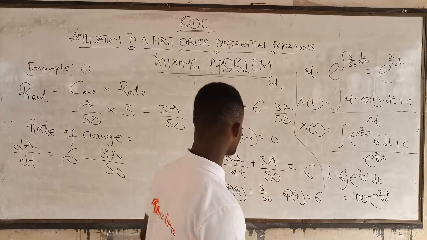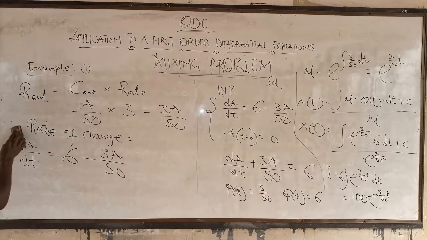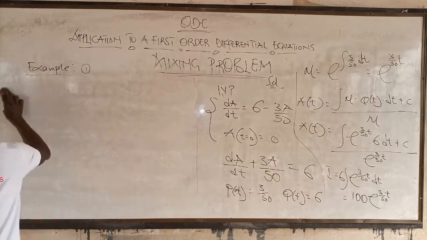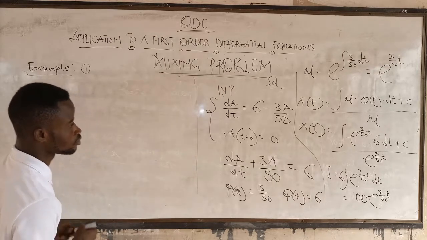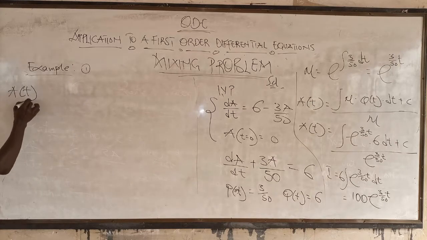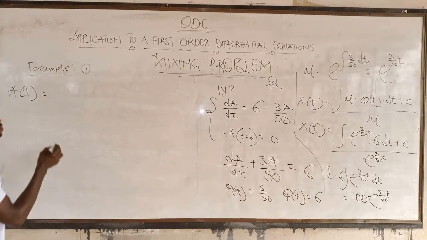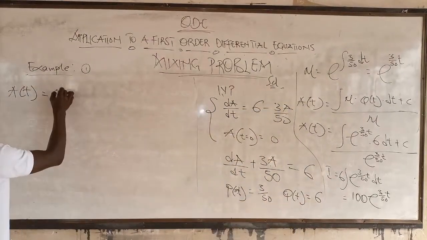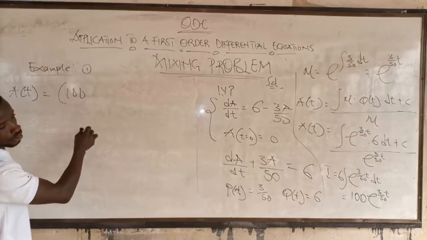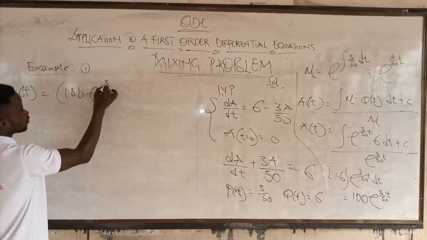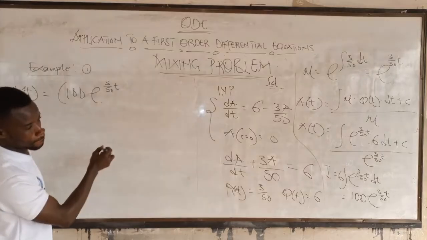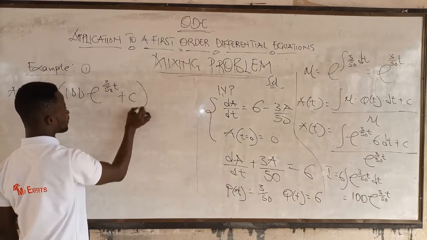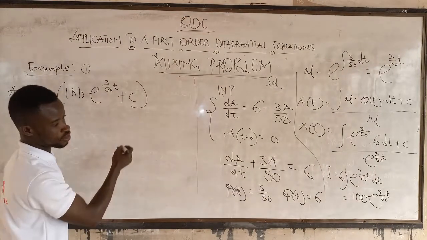Then we go and do the substitution into the general solution. So A of t is going to be equal to the integration part from here to here. That is this, all these over.